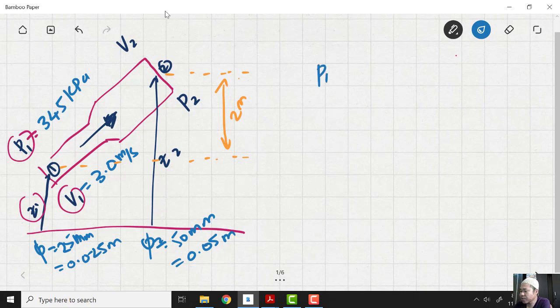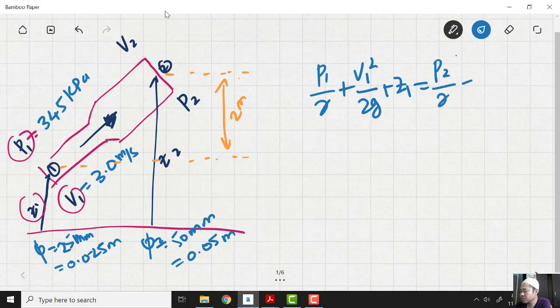We have P1 over gamma plus V1 square over 2g plus Z1 equal to P2 over gamma plus V2 square over 2g plus Z2. Okay, we have this kind of equation.